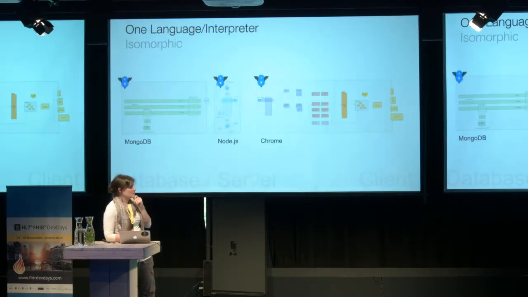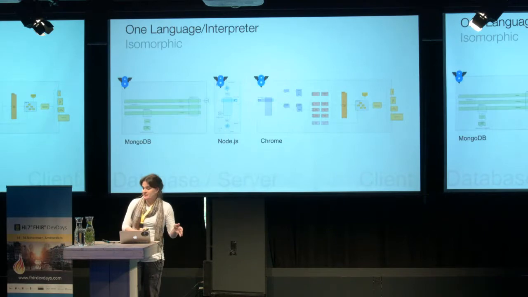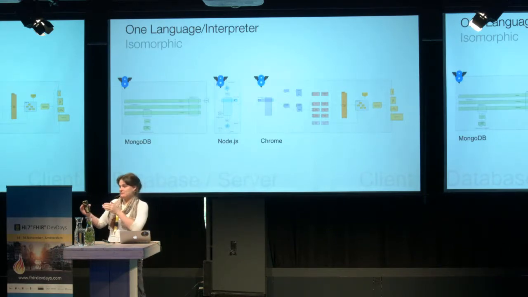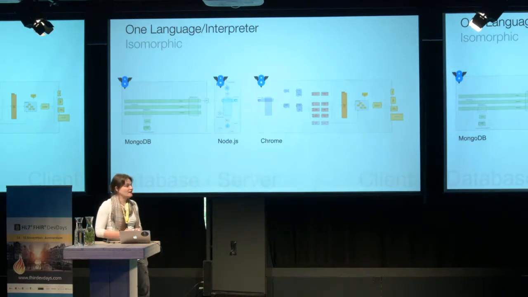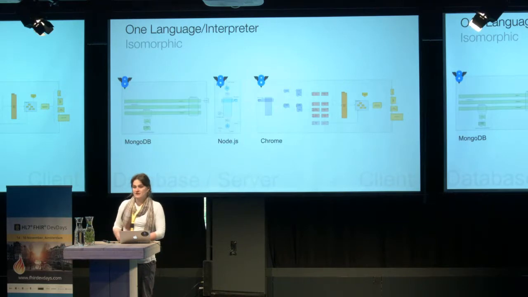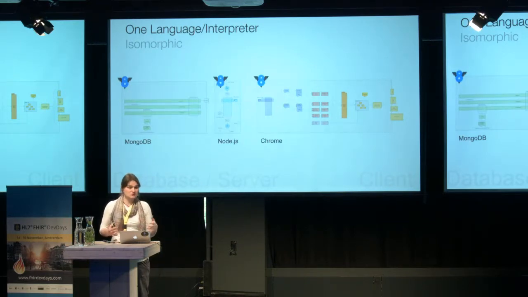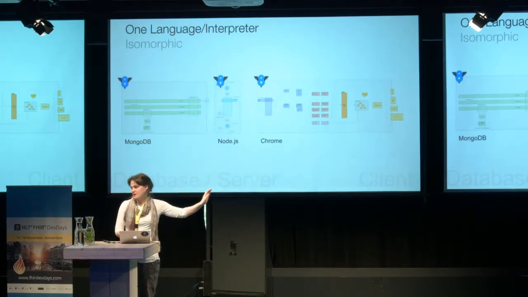Interestingly, Meteor purports to have isomorphic code, which means that it uses this V8 interpreter on the database, the server, and the client. And now we're starting to get some interesting ideas here because, as many of you know, the FHIR specification is available in JSON, and here we have the interpreter architecture to interpret JSON and FHIR resources across the different technology parts of your stack.